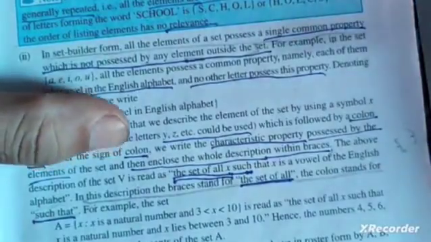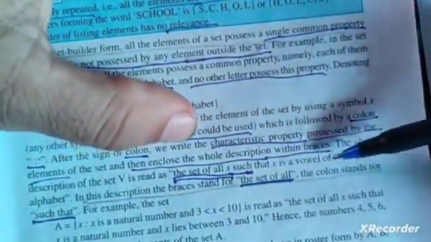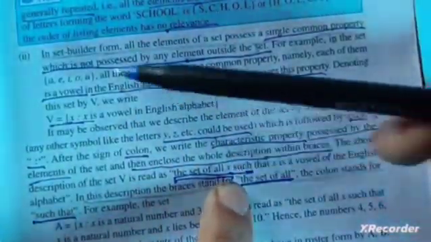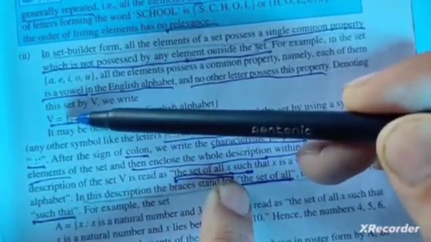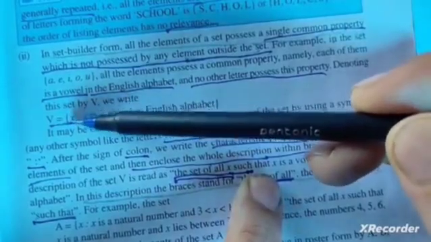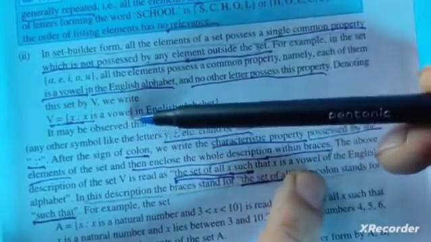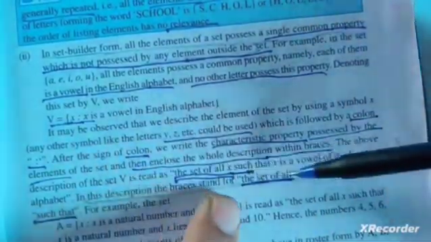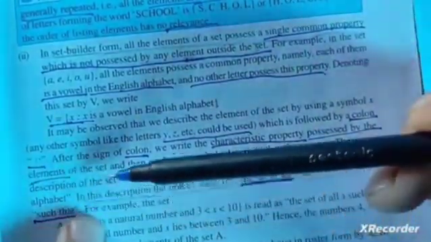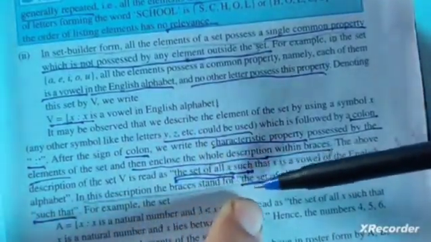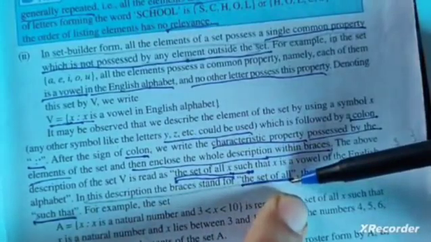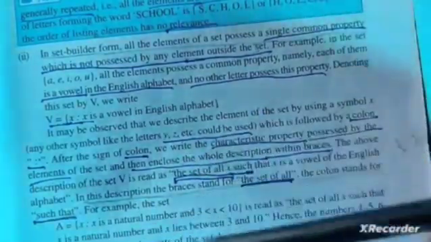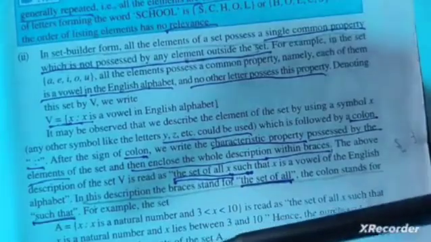In this description, the braces stand for "the set of all", and the colon stands for "such that". So we represent it like this.